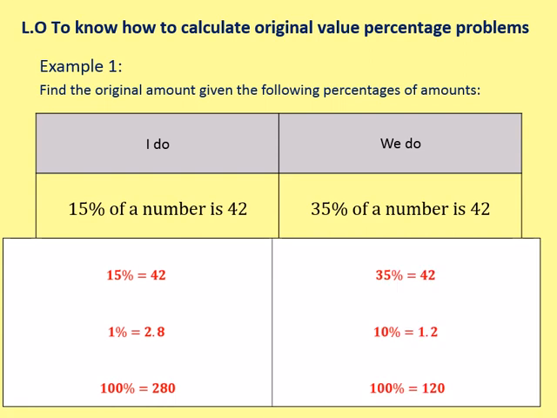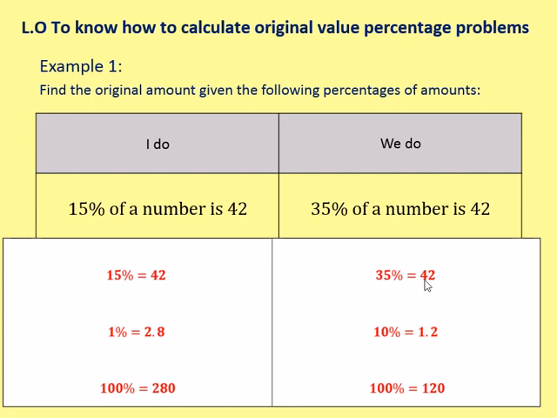Okay, so for the we do, it says 35% of a number is 42. So 35% is 42. We need to work out what the original number was. Oh no, actually this is a mistake, don't worry about this. This shouldn't say 10%, this should say 1%. So 35% equals 42.